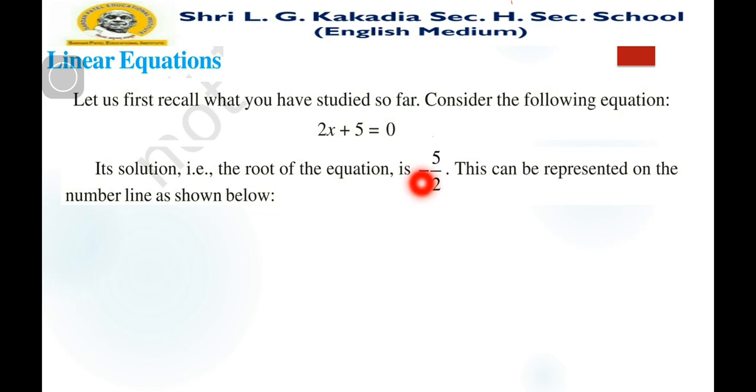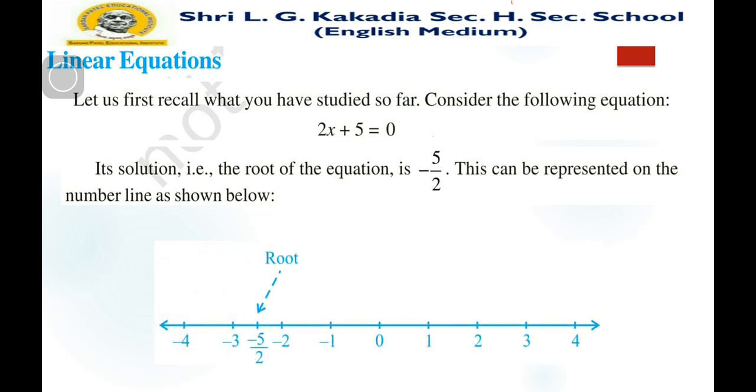So minus 2.5 is placed between minus 2 and minus 3. So if we represent this point on the number line, as we know, minus 5 by 2 is between minus 2 and minus 3. So it is the solution of the given linear equation, and it is represented on the number line.